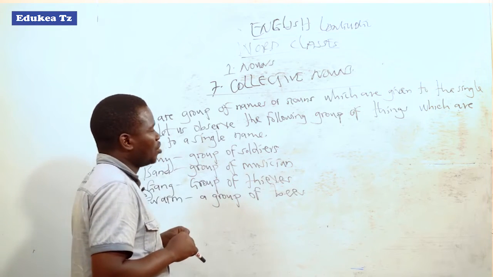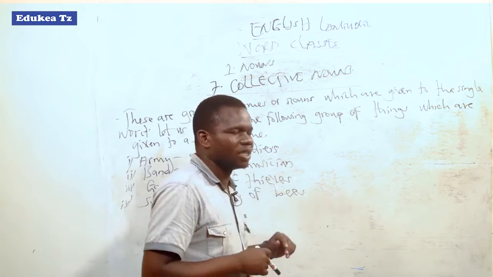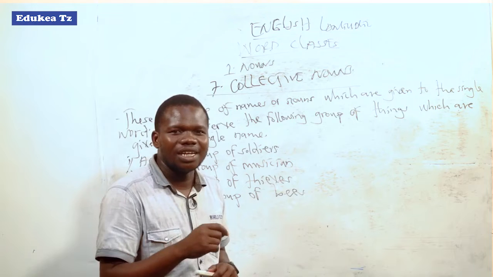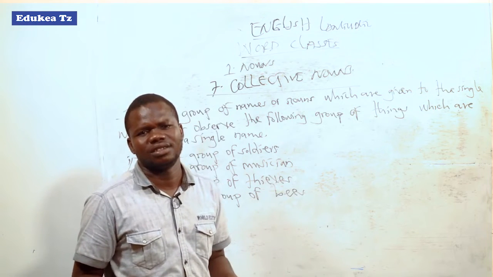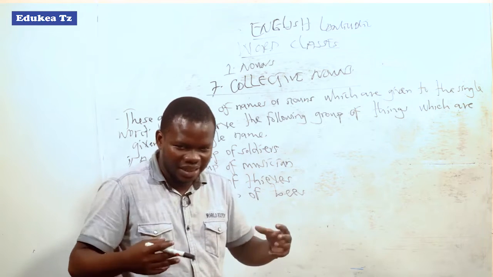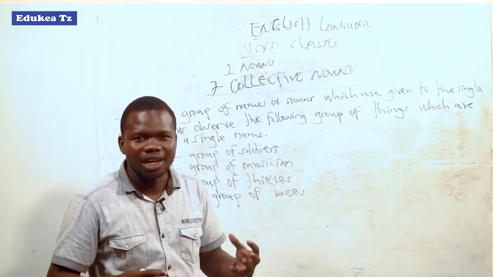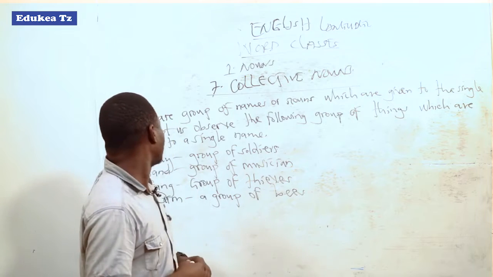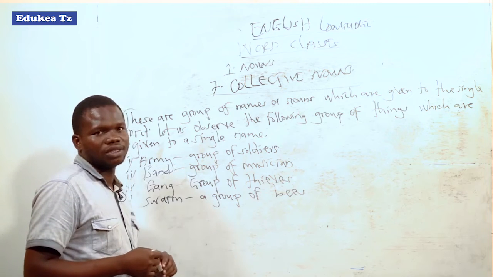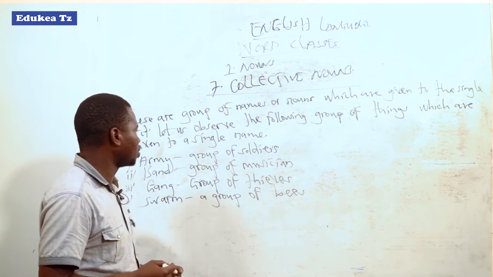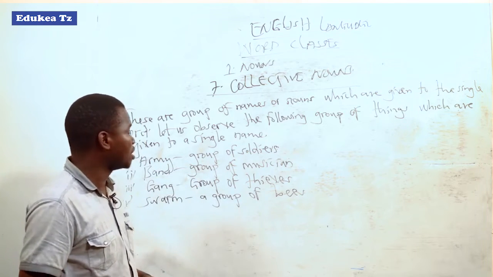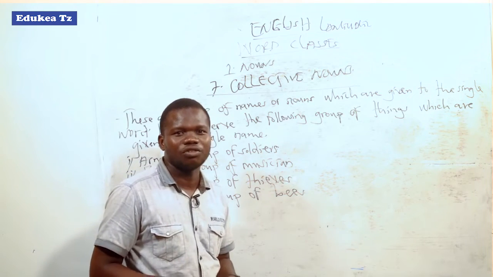For example, we may use this word like Tanzanian army. We can't say Tanzanian soldiers. So this is not good for modern English, for the current students who are learning current English. So now army is an example of a collective noun since it states the collection of soldiers. Again, you have band. So band is a group of musicians.